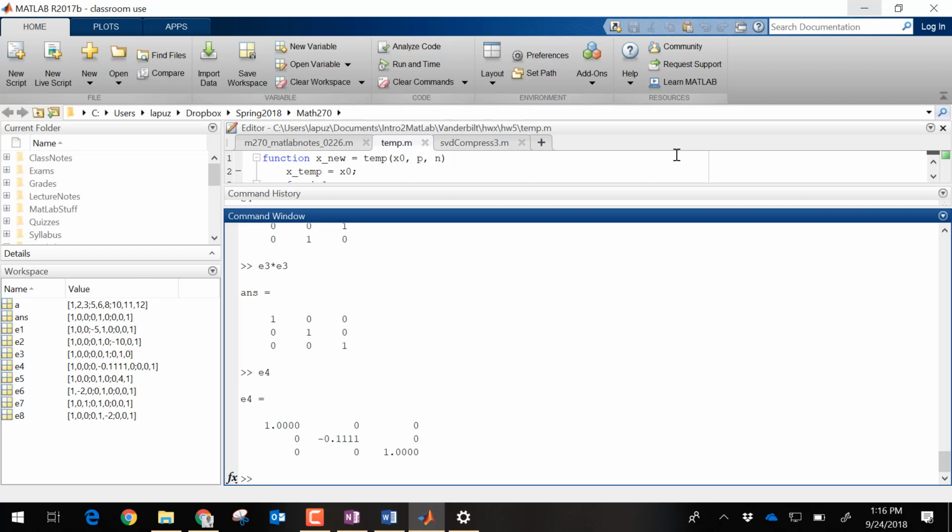So E4 was a scalar multiplication, and we took the elementary matrix. We said minus 1/9 times the second row. What would be the inverse of this? I'll call it E4 INV.